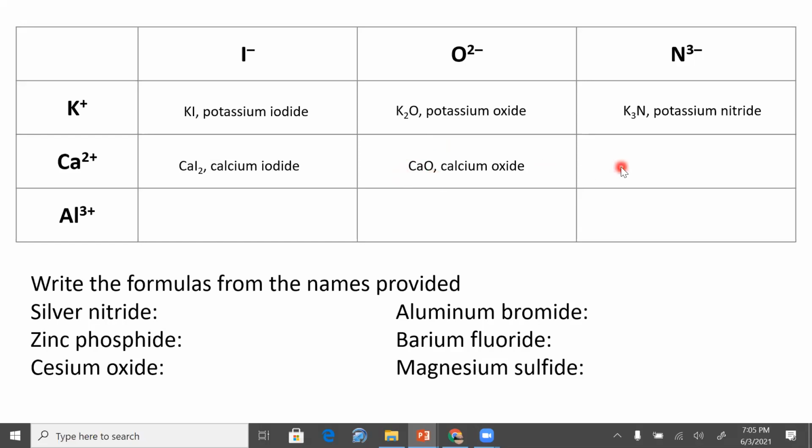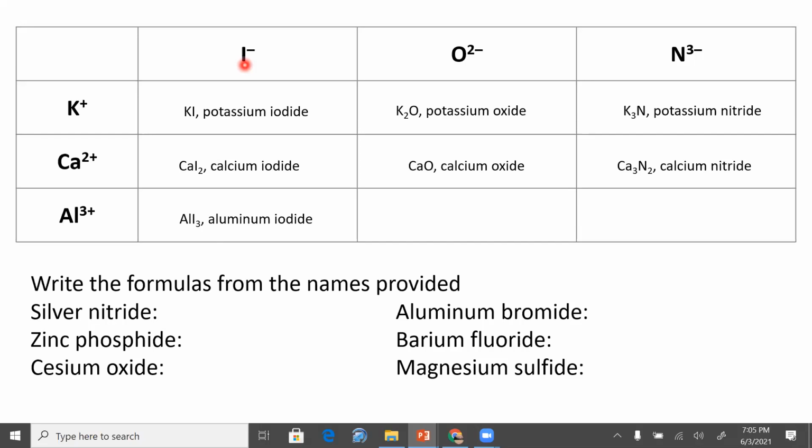Okay, calcium and nitrogen, what would the compound be? Good, Ca3N2, calcium nitride. All right, let's do Al and I. Yep, and a kind of funky looking, but AlI3, aluminum iodide. Good.